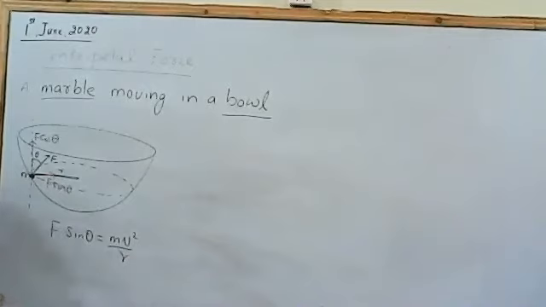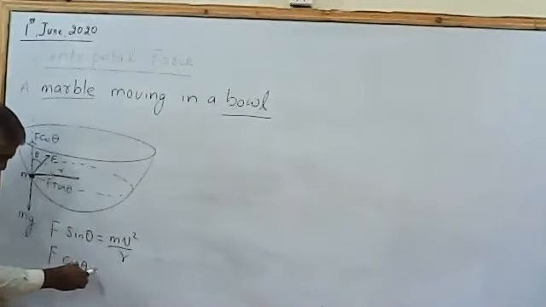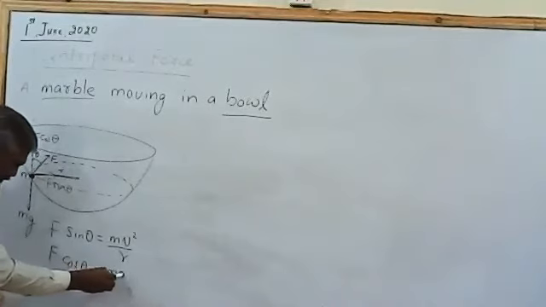The second equation, like in the previous two examples, the weight mg must be equated to the other component which is along the vertical in the upward direction. So again, F cos theta is mg.